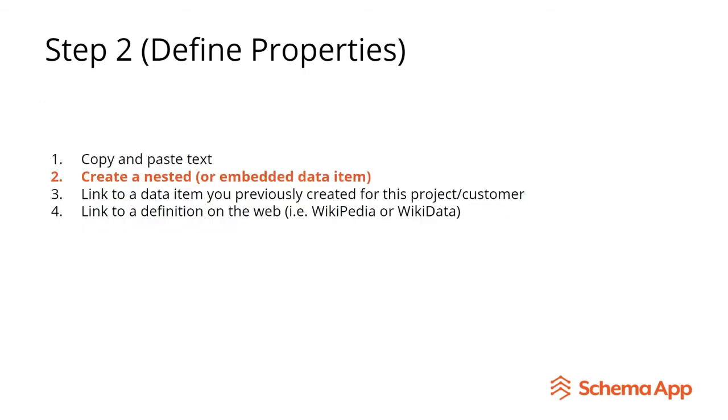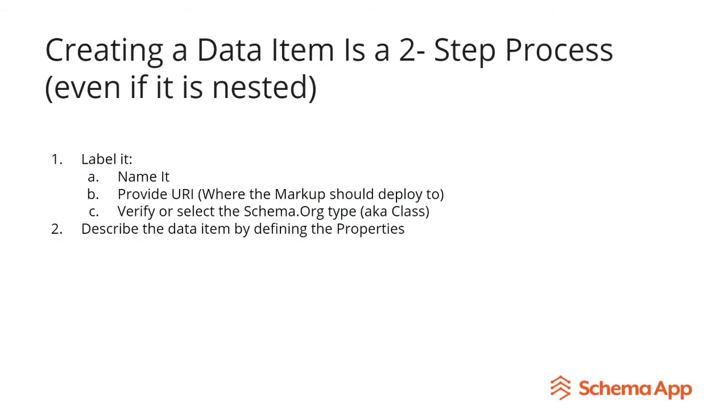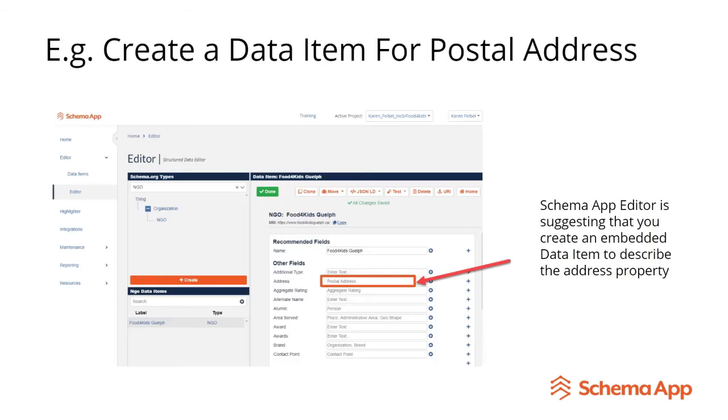Now, this is where people get in trouble, when they're nesting or embedding data items. This is actually the exact same process as we did for the primary schema.org type or class. It's still a two-step process where you're going to want to label it and then describe it. So if, for instance, I was going to create a data item for the postal address, instead of putting in the text, you can see that the Schema App Editor is suggesting that you create an embedded data item to describe this property.